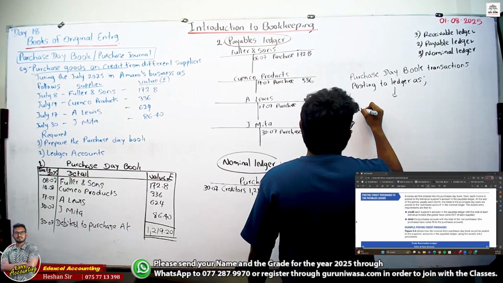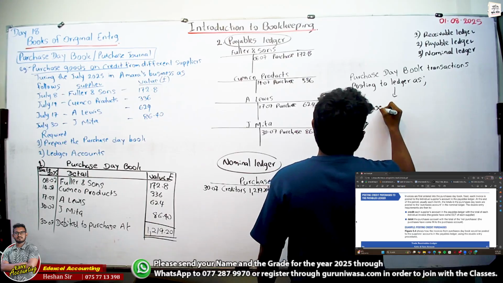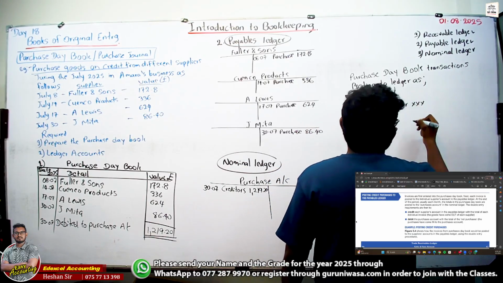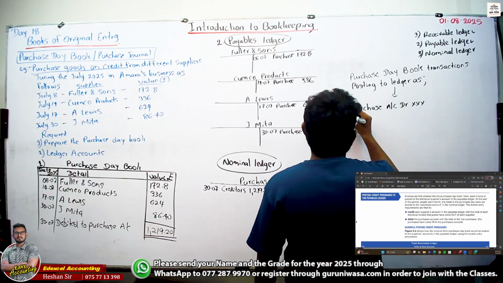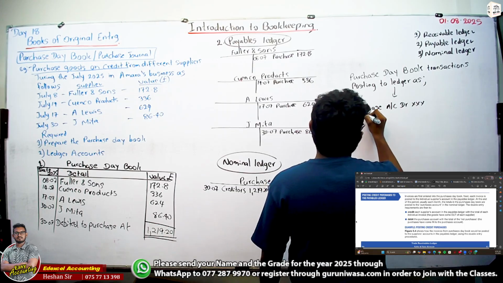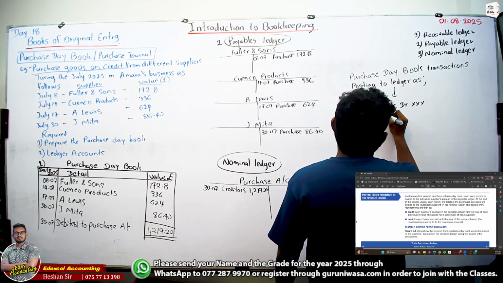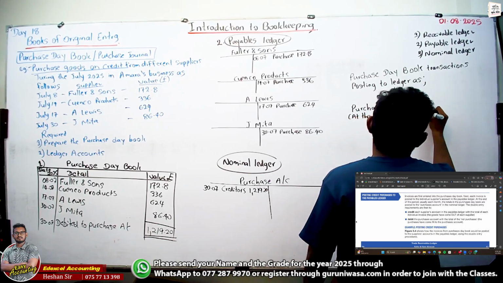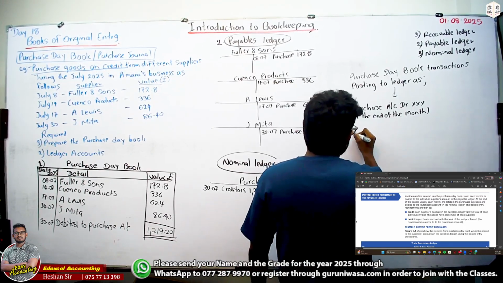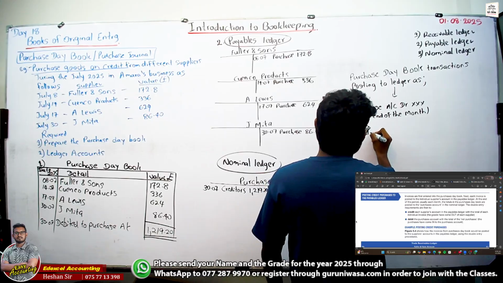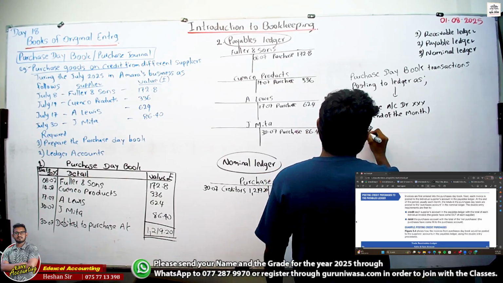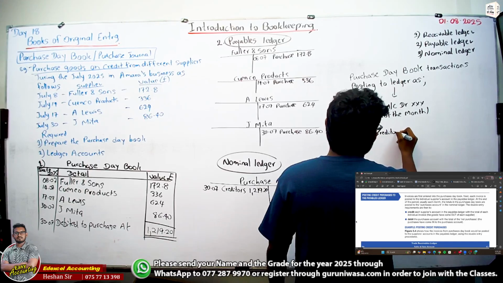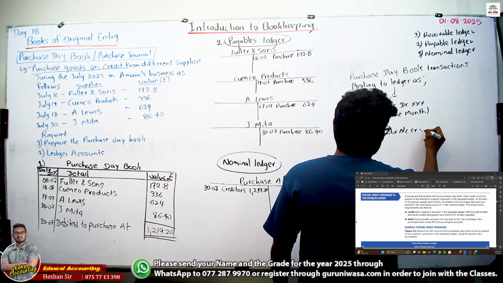Purchase account debit. In here we write it as at the end of the month. Relevant creditor account credit.